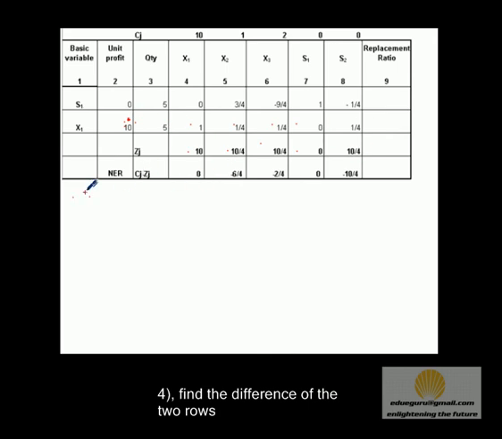Since the NERs are all zeros or negative, our simplex process is over, and this is our optimal solution. So our optimal solution is this much quantity, and the rest are 0.